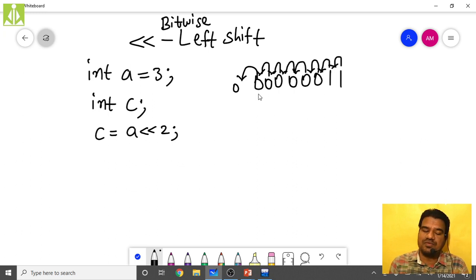So here you first fix the places. How many places? 1, 2, 3, 4, 5, 6, 7, 8. Like this, we have fixed places, and this 0 is crossing our places, so it gets discarded. I'm writing it over here: discard.